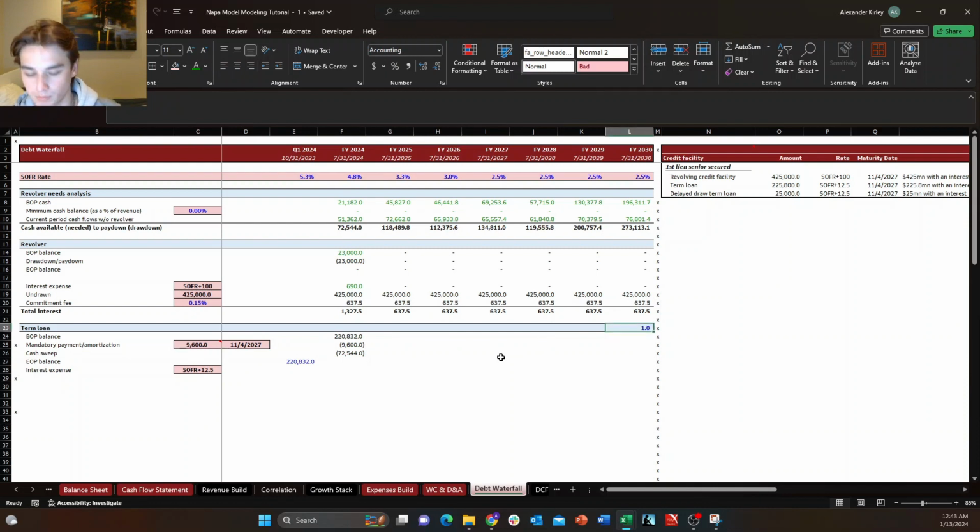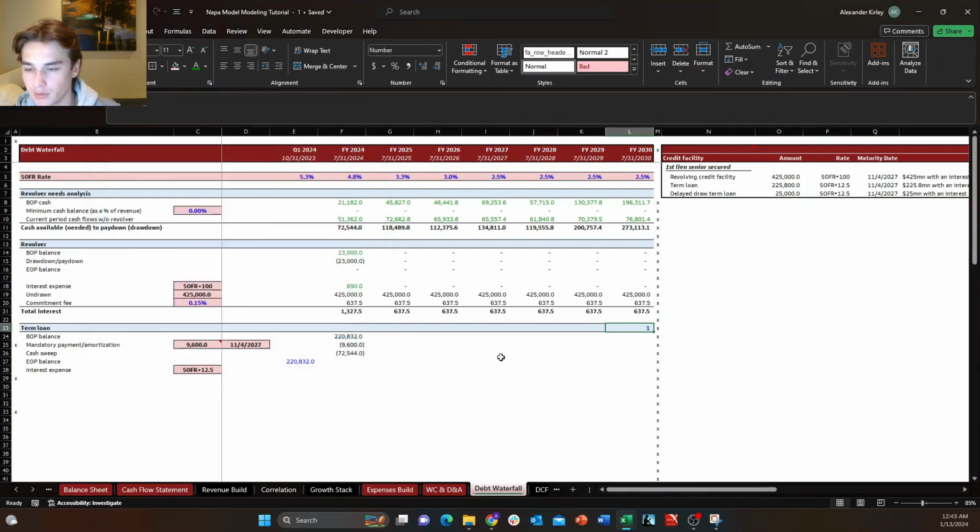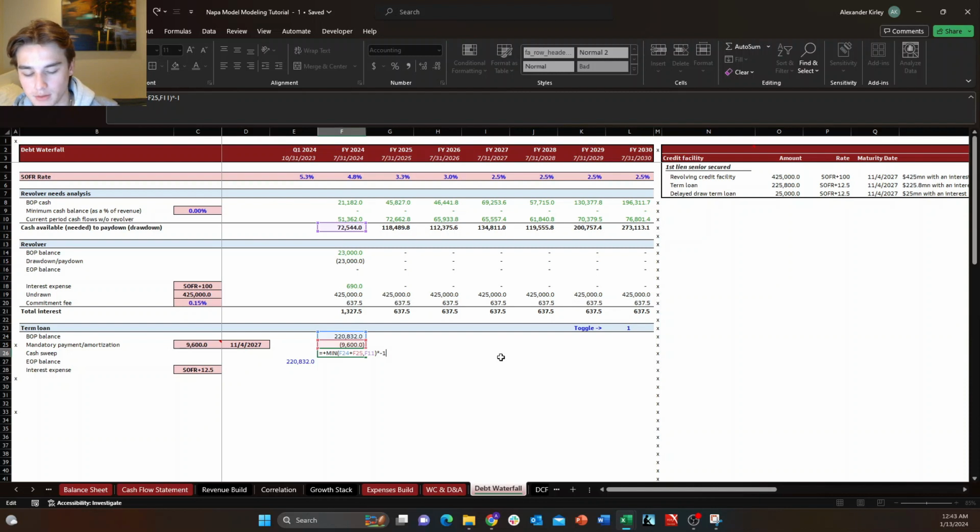Let's do 1. And now I'm going to multiply this by my toggle, and lock that in place.